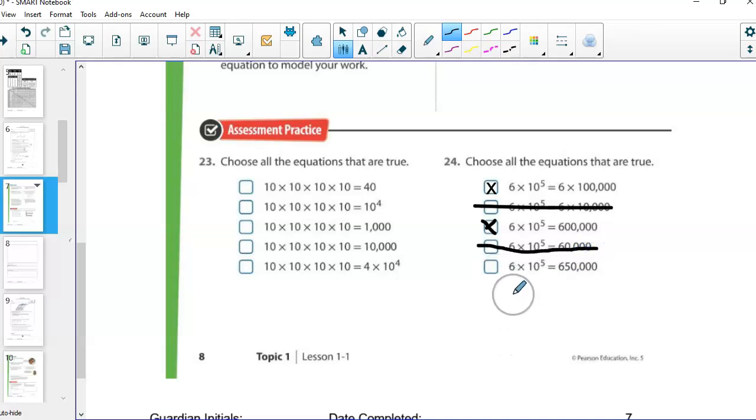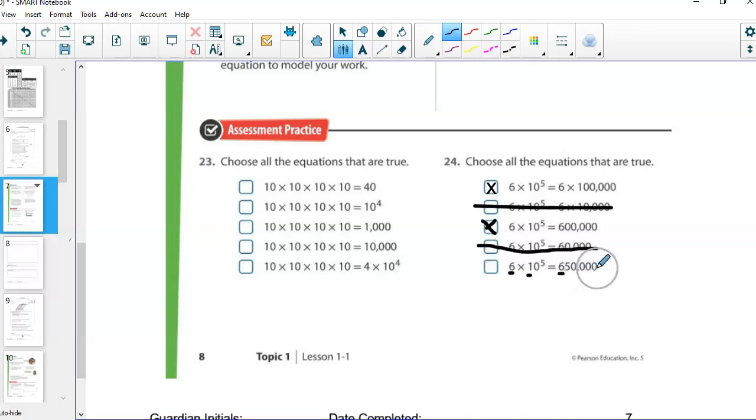And then lastly, on number 24, I have 6 times 10 to the 5th. So 6 times 1, remember, we're finding that base factor. 6 times 1 gave me 6. But they took this 5 and put it in the problem, but we know that that exponent represents how many zeros we should have after that 6 when we're using a power of 10.